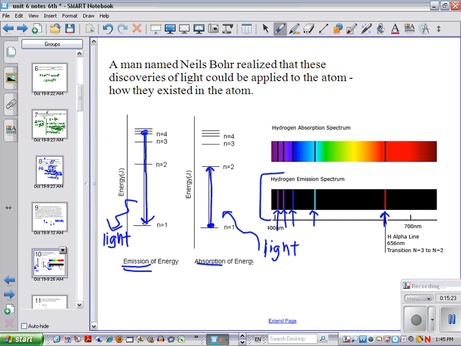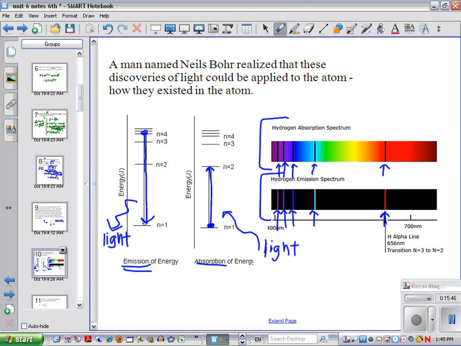And from that, you get your absorption spectrum up here, where now you have all your light present and it's pulling the light out. You'll notice that your bands are in the exact same place, except in this case, you're using the light at those energies, whereas here, you're emitting it. I should say excreting, that sounds gross. You're emitting the light.